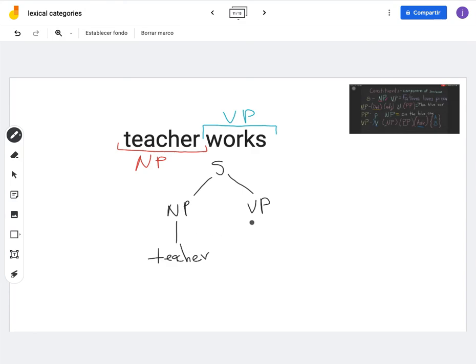And the last, we put another line down and we put works, because works is the verb. In this case teacher is the noun phrase because it's a noun. So this is the way how we should do a tree diagram. Okay.